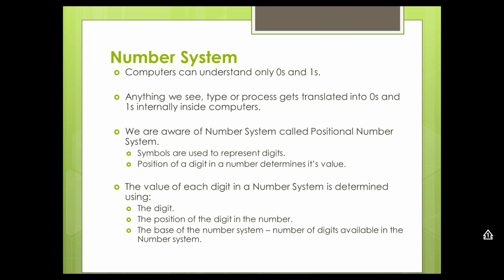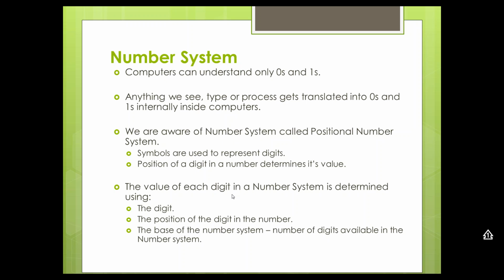The value of each digit depends on the position where it is. So the value is determined by three things: the digit, the position of the digit in the number, and the base of the number system, whether it is decimal, octal, hexadecimal, or binary.